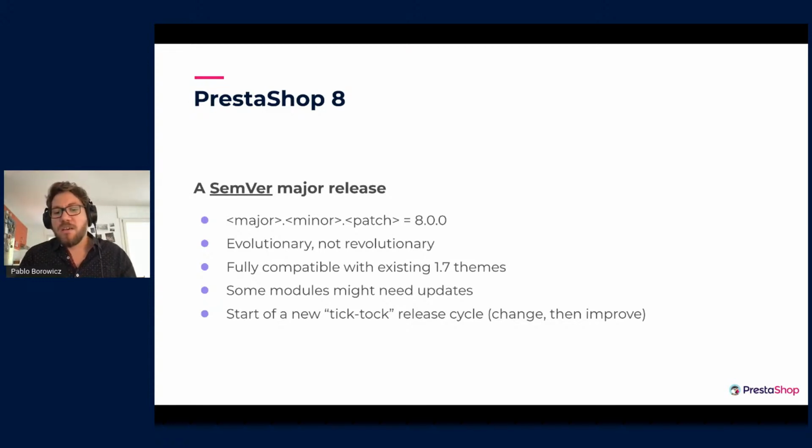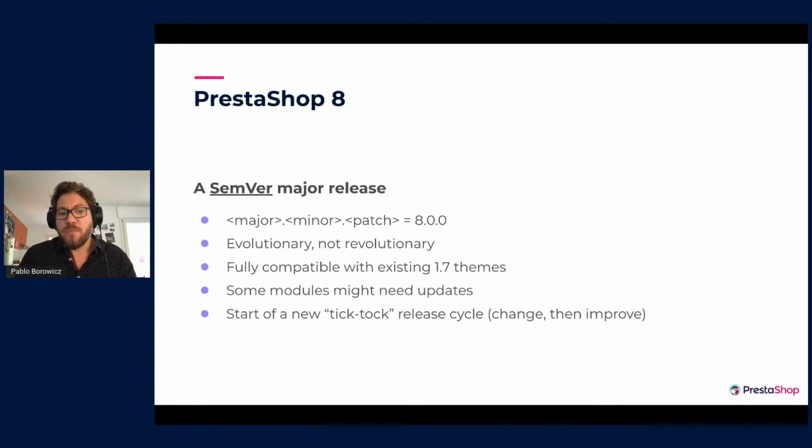If we start with the idea that 1.6 was a major version and 1.7 was a major version, we can just say it was 6, then 7, and the logical sequence goes on to 8. So it's a major release, but it's evolutionary. It's not revolutionary. It just includes some breaking changes, and we're communicating this through a major version.